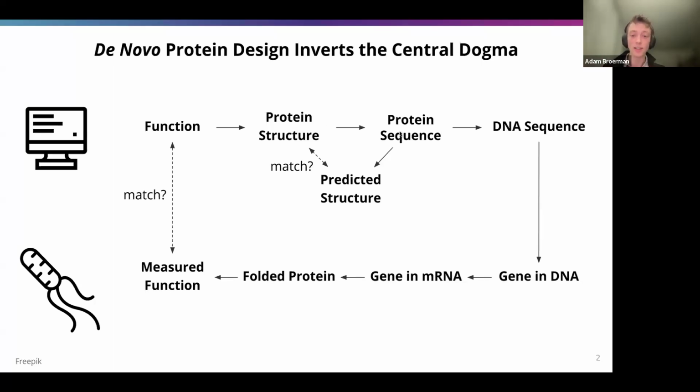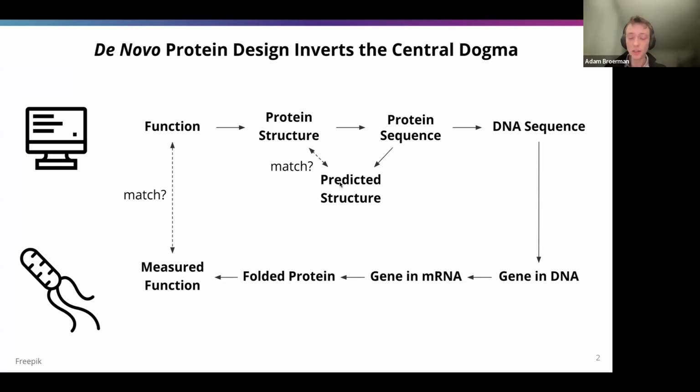And then we can generate amino acid sequences which should fold into those protein structures that we designed. We can also use computational methods like AlphaFold to check whether the sequences that we generate are indeed predicted to fold into the structures that should perform the functions that we designed. And this is one of our main ways we computationally filter designs before testing them.